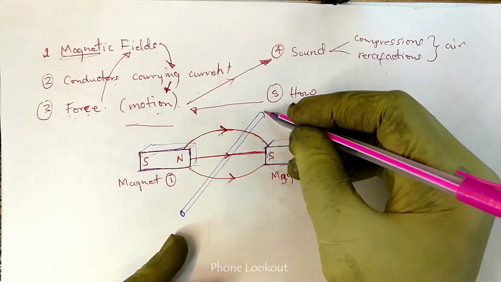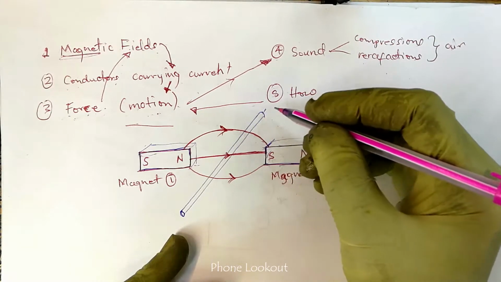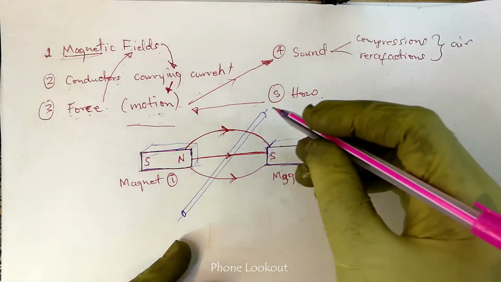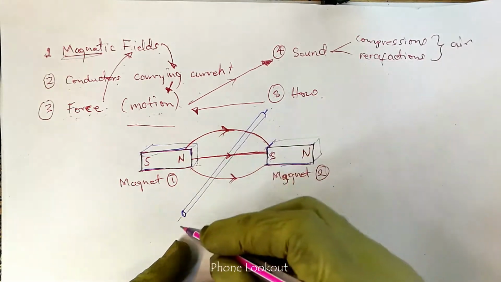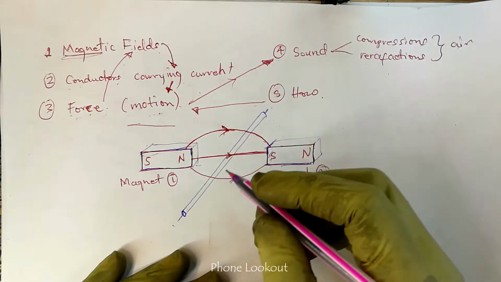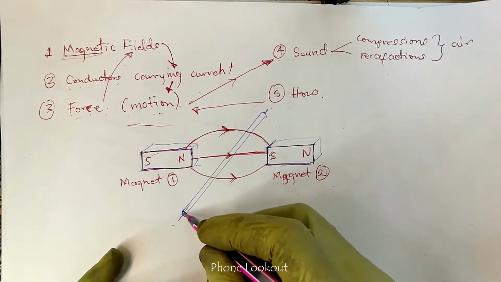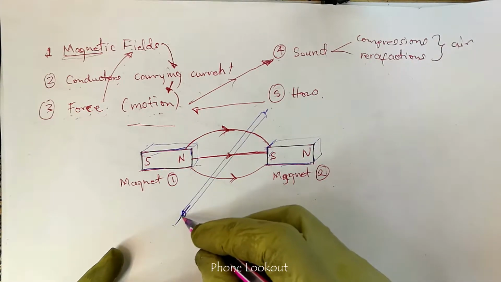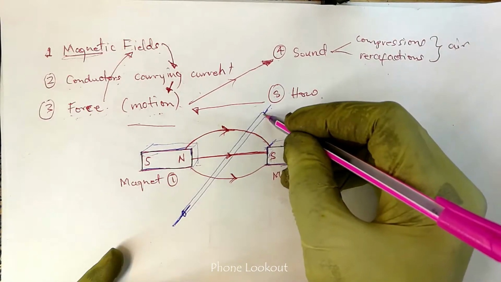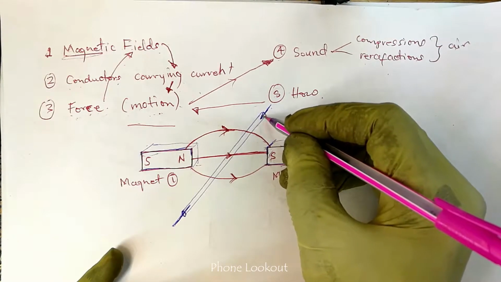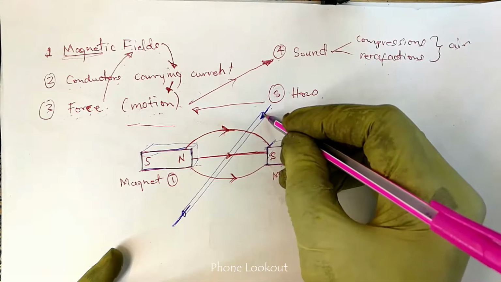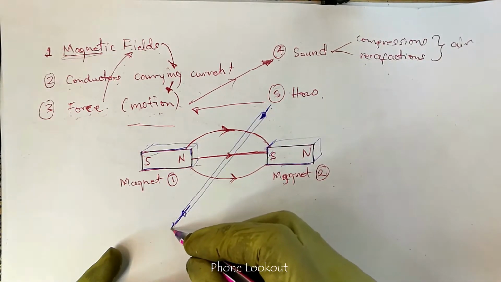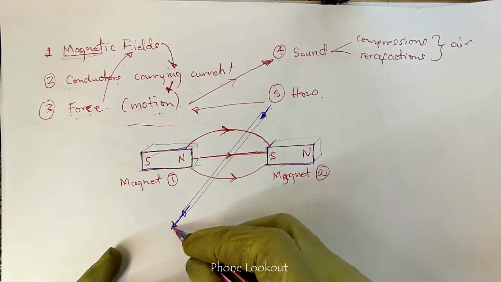So assuming we had a voltage applied across the terminals of this wire, and therefore current flowed into it in that direction right there, and out from that side.